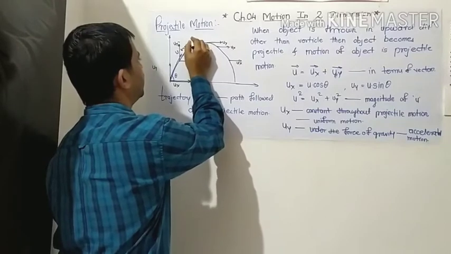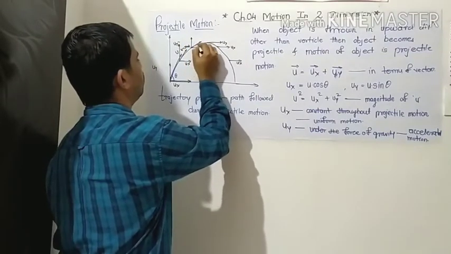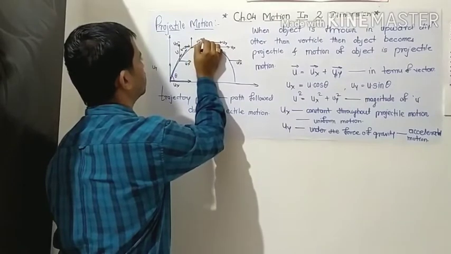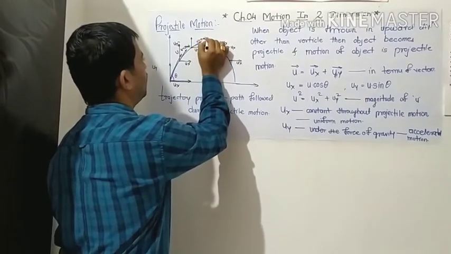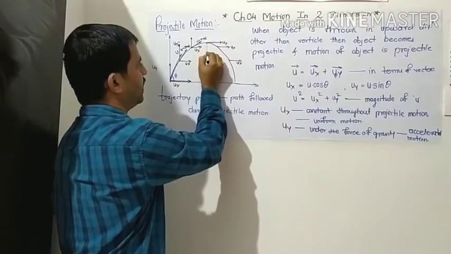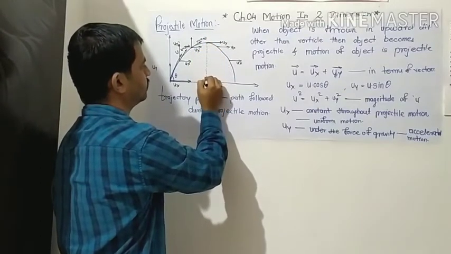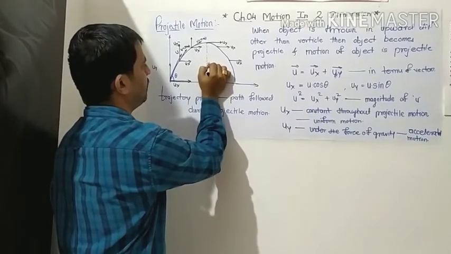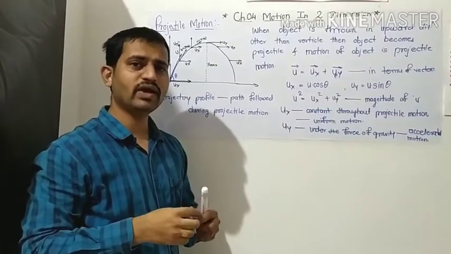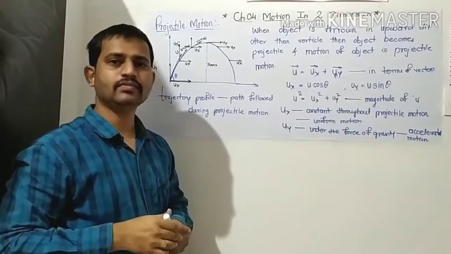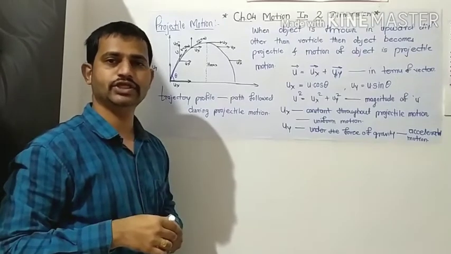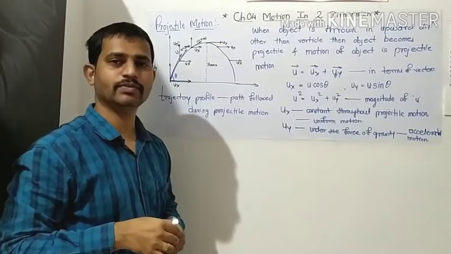Then at this point, if we consider its component, it is v equal to 10 meters per second. Then at this point, where it achieves the maximum height, there is no vertical component, because at this point our velocity becomes 0.